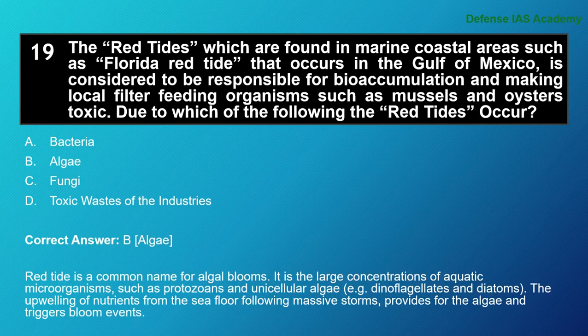The answer is option B, algae. Red tide is the common name for algal blooms. It is a large concentration of aquatic microorganisms such as protozoans and unicellular algae, for example dinoflagellates and diatoms. The upwelling of nutrients from the seafloor following massive storms provides food for the algae and triggers bloom events.